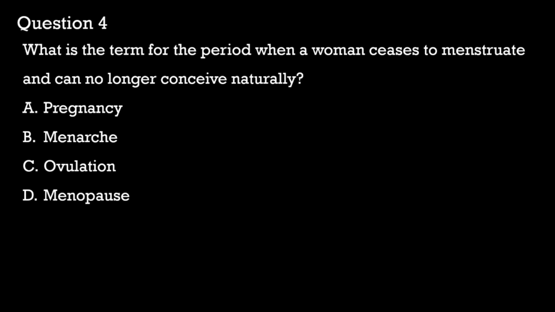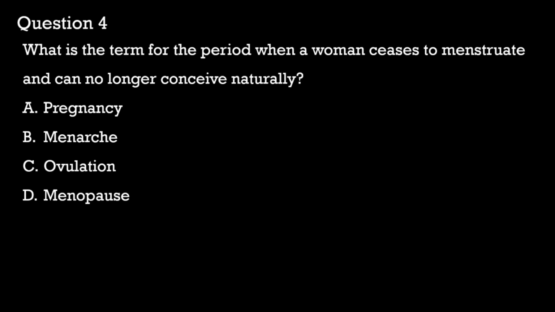Question 4. What is the term for the period when a woman ceases to menstruate and can no longer conceive naturally? A. Pregnancy. B. Menarche. C. Ovulation. D. Menopause. Pregnancy is a period when the woman carries a developing fetus.